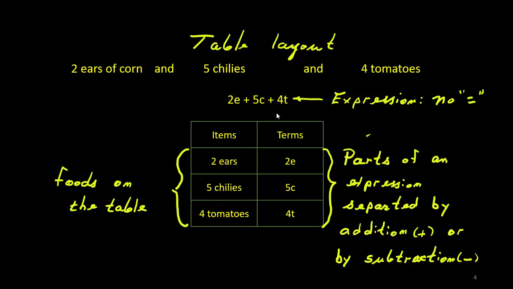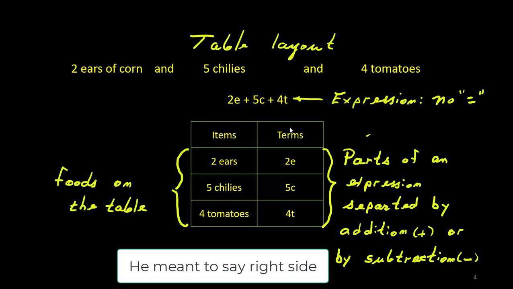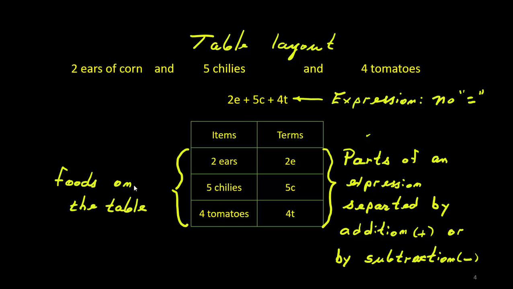Notice that there's no equal sign. All it is, is just a condensed form of what we saw on the table. Made a chart here for us. 2 columns, items on the left-hand side and terms on the right-hand side. The items are 2 ears, 5 chilies, and 4 tomatoes, and those are simply the foods on the table.